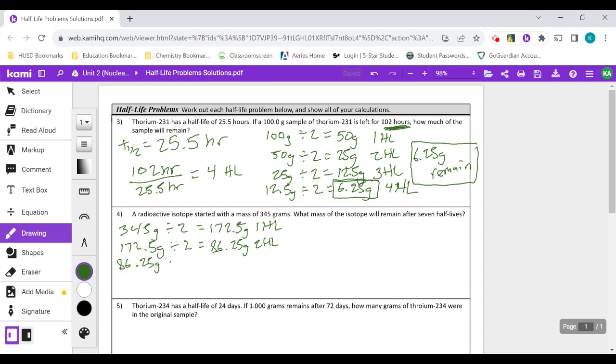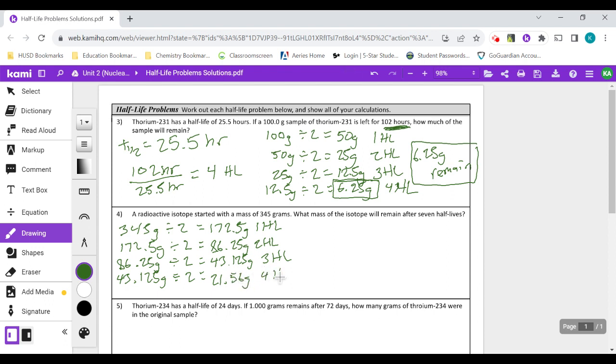86.25 grams divided by 2, that's 43.125 grams. That's 3 half-lives. 43.125 grams divided by 2, it's 21.56 grams.